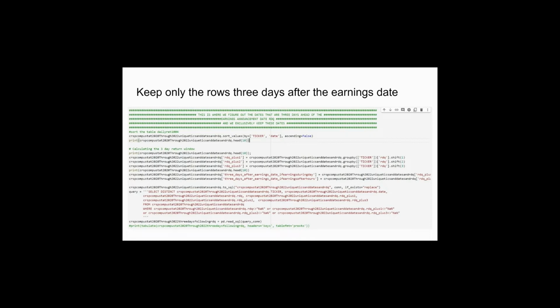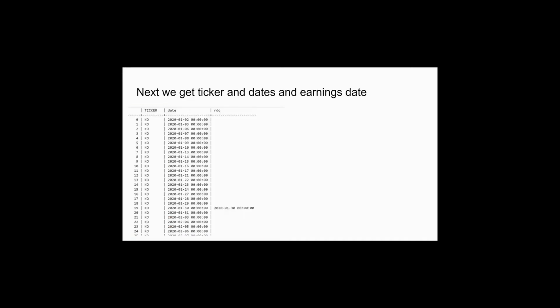Then what we do is we calculate the 3 days after the earnings date. And so if the earnings is after hours, then we use all 3 dates, because the first day the market will be able to trade the earnings announcement is the day after.